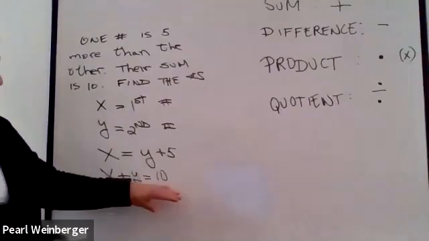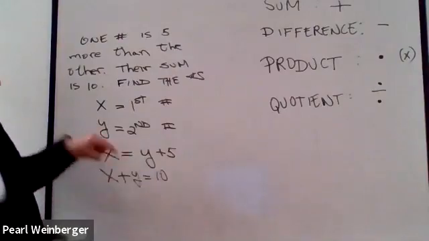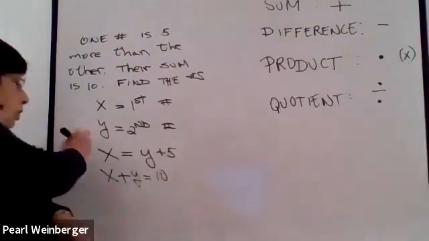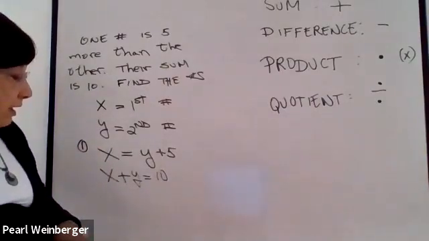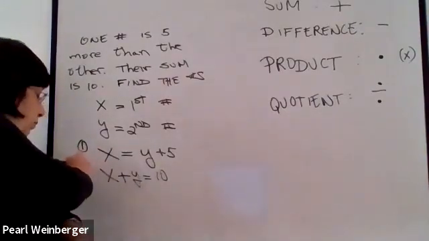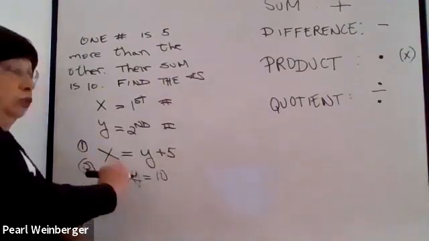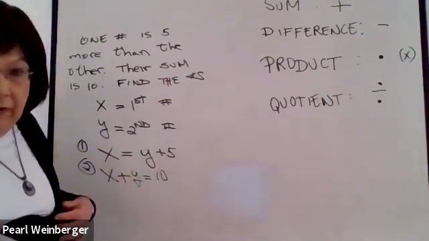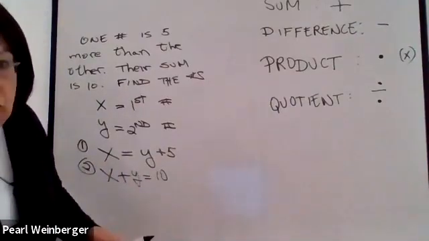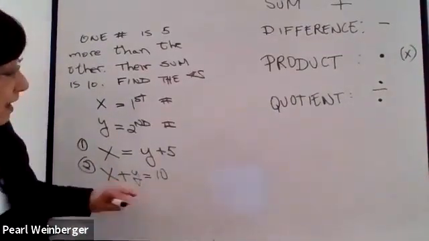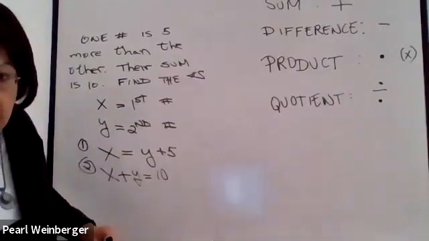And now I have a system of equations because I have equation number 1, x equals y plus 5, and equation number 2, x plus y equals 10. I have my two equations. I'm going to give you a few minutes to try and solve this system of equations.